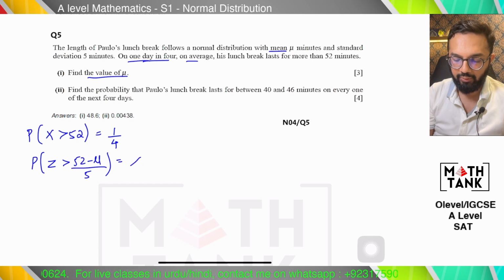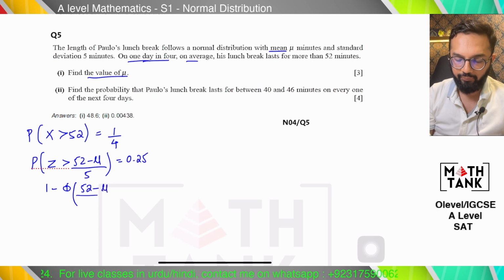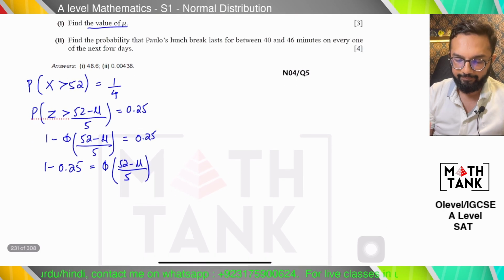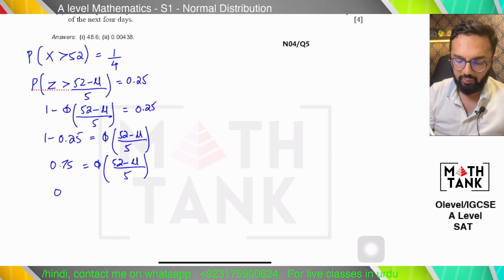So then let's do our bit of converting. Equals 0.25. So 1 minus phi of 52 minus mu over 5 equals 0.25. 1 minus 0.25 equals 0.75, equals phi of 52 minus mu over 5, so phi inverse of 0.75.